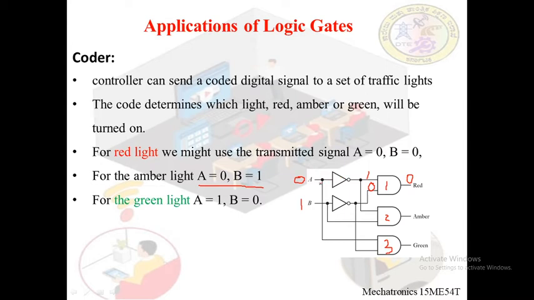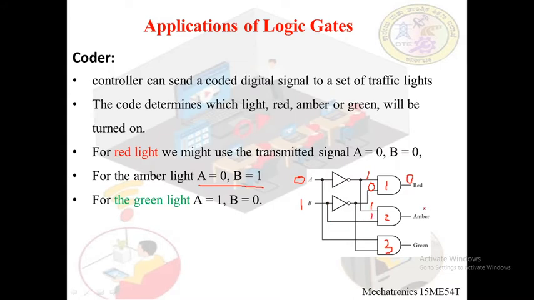Now signal A, see here, it jumps and comes to this point, green. This A, after passing through this NOT gate, a jump has been taken to signal light amber. See, 0 after turning to 1 enters this amber light AND gate. We have 1. B is already 1, it straight away enters the second AND gate.